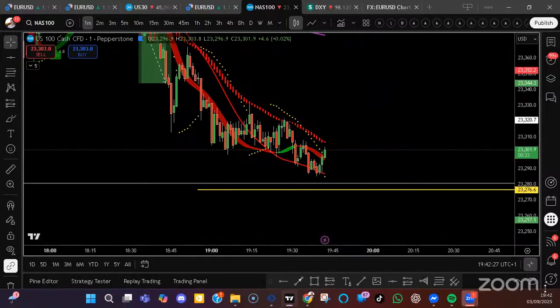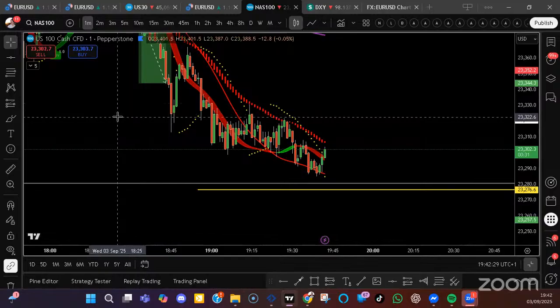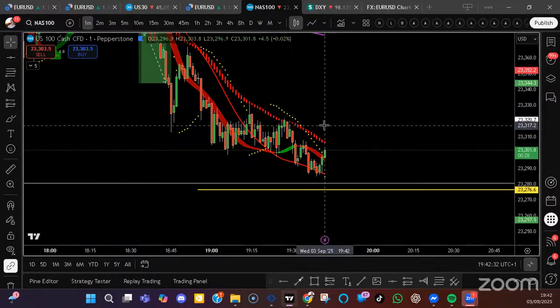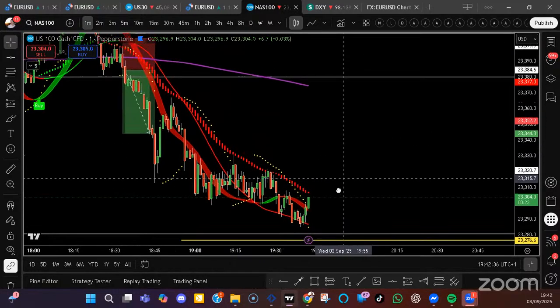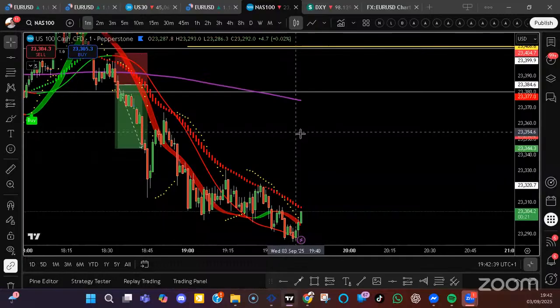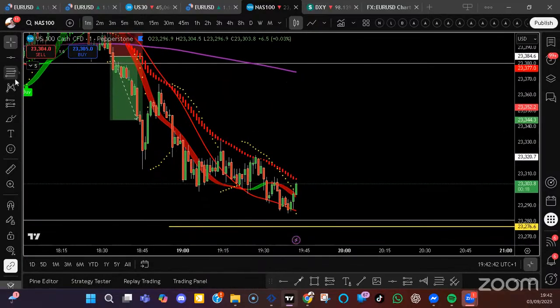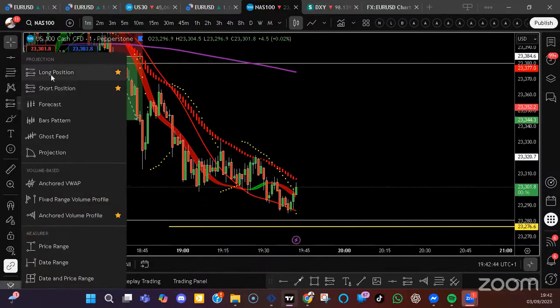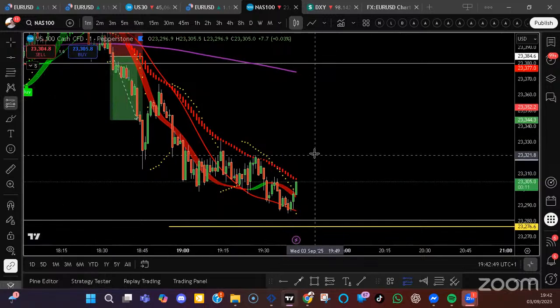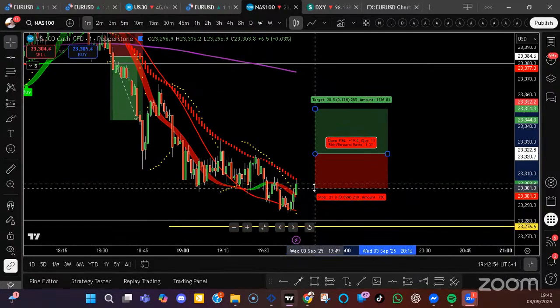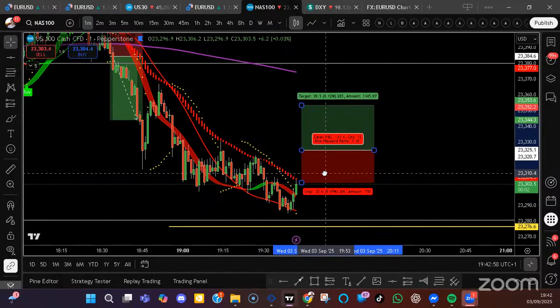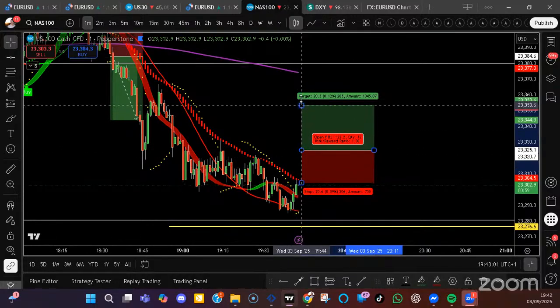I don't like trading after 8 o'clock in the evening for the NAS100, purely because if volume kicks out like it does here, and then it starts to go sideways again, then all of a sudden we're close to market close, and then it's a bit of a waste of time, really.